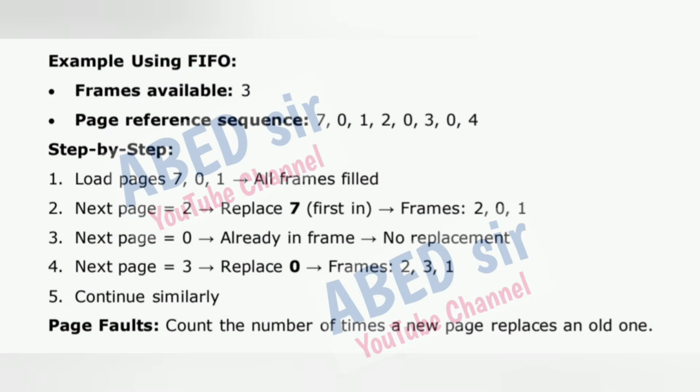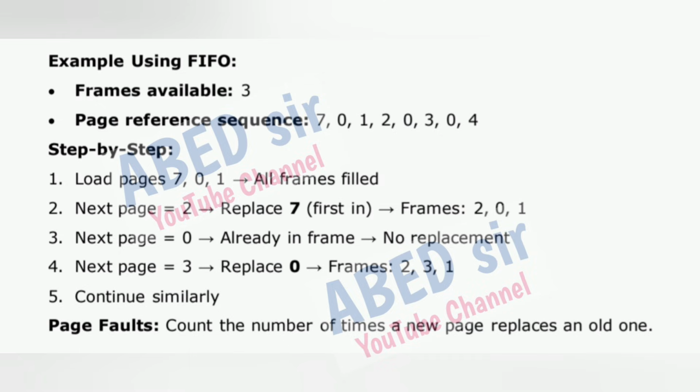Example using FIFO. Frames available: 3. Page reference sequence: 7, 0, 1, 2, 0, 3, 0. Step by step. 1. Load pages 7, 0, 1, all frames filled. 2. Next page is 2, replace 7 first, frames 2, 0, 1. 3.